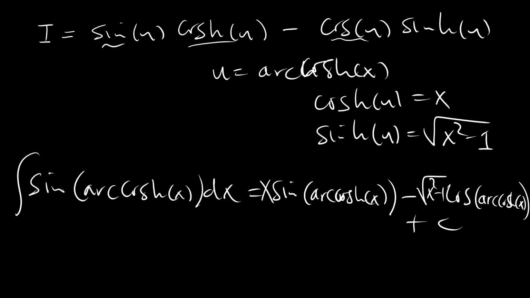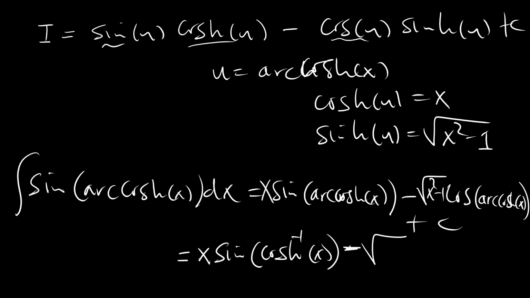Obviously plus the integration constant there. So maybe, yeah, let's rewrite it a little bit more neatly. x sine of arccosh of x minus the square root of x squared minus 1 times cosine of arccosh of x plus c.